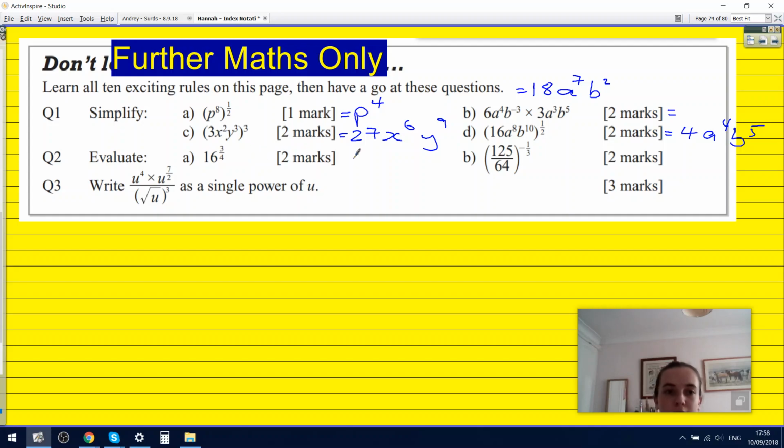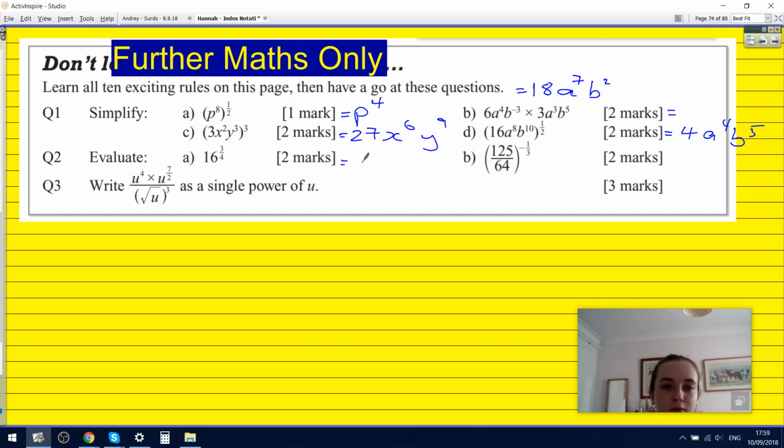Question 2A? 4. Oh wait, no. So you have to do the root for 16.